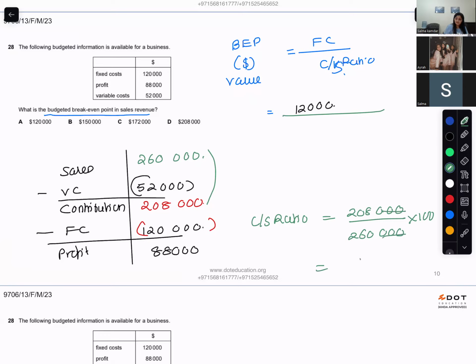So contribution to sales ratio is how much percent? So break-even point in dollar value will become how much? 150,000. Are you with me? But the answer is option C.